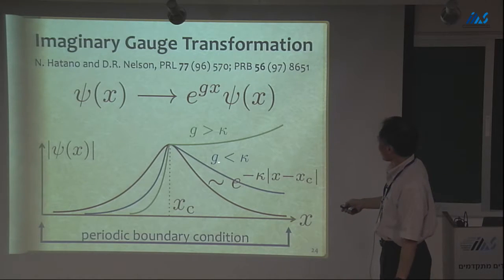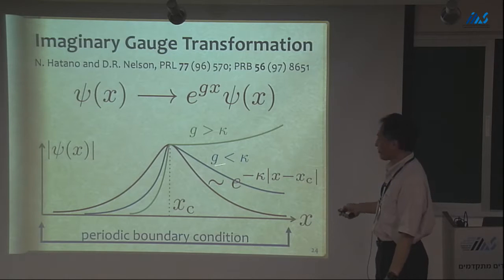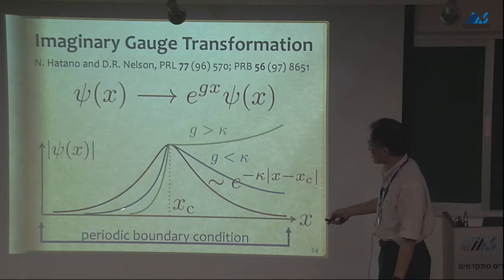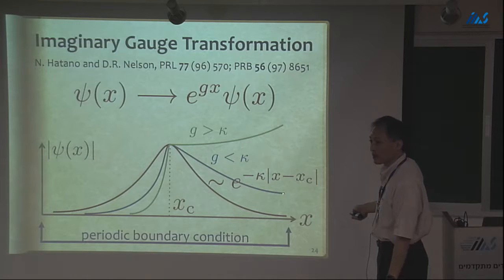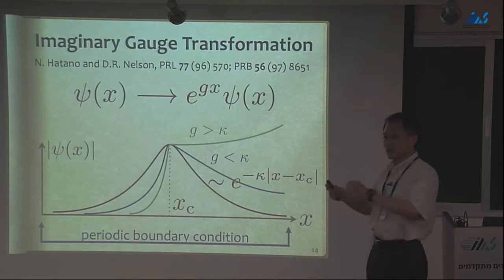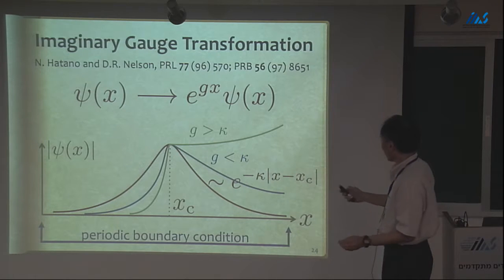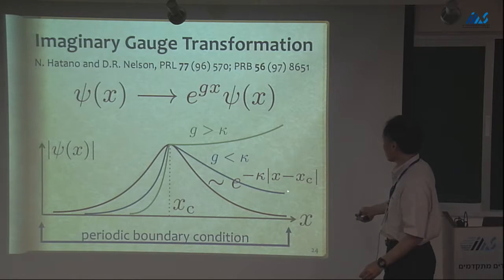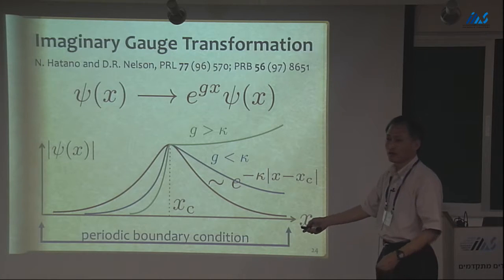So for G smaller than kappa, this would go really small, and this goes down a little bit slower. But if the system is large enough, then the mismatch on this boundary and on this boundary would be exponentially small.